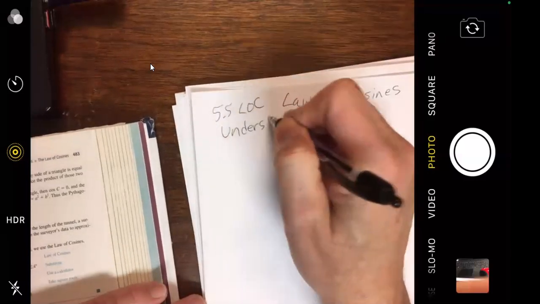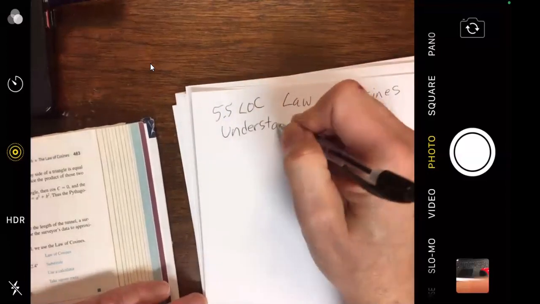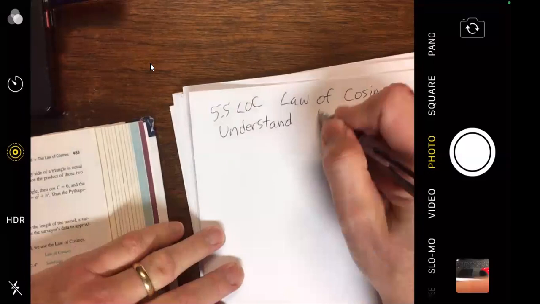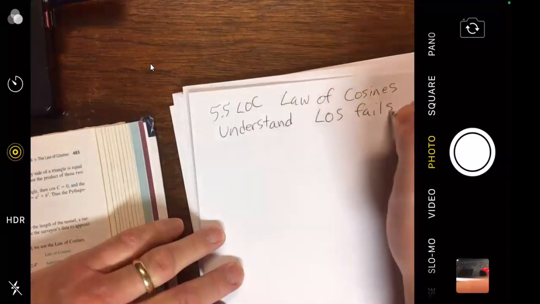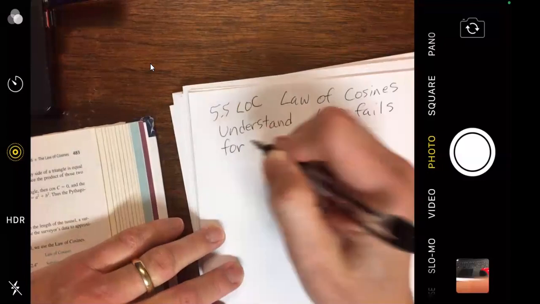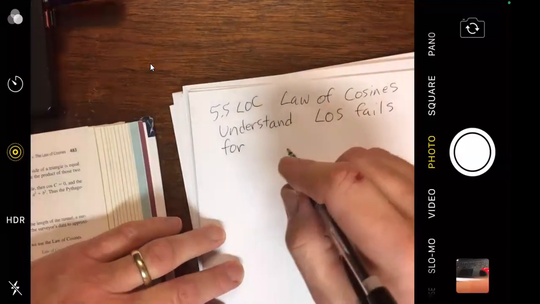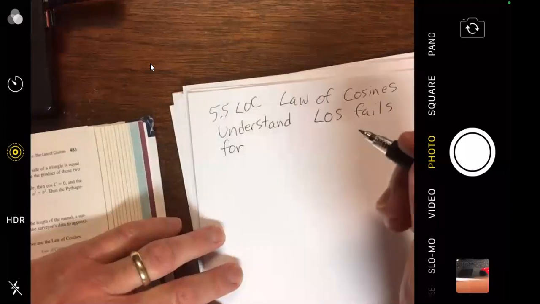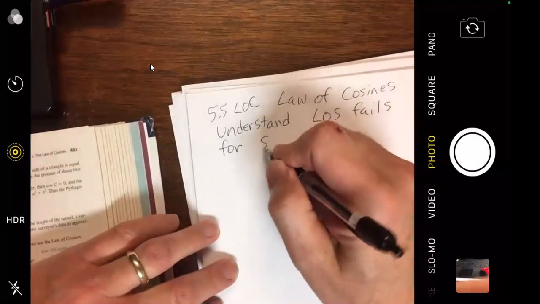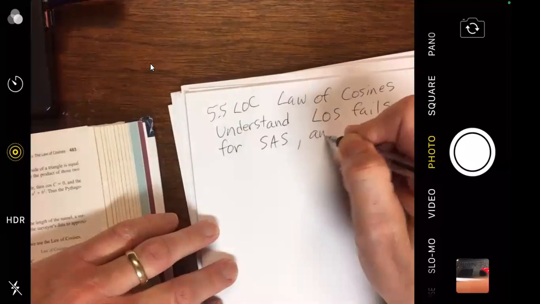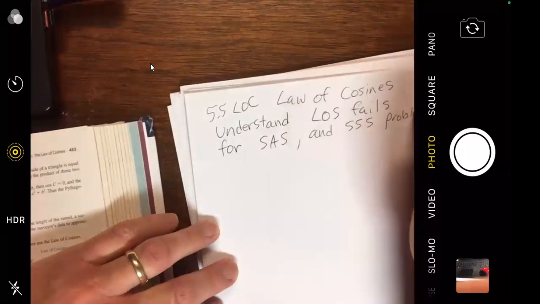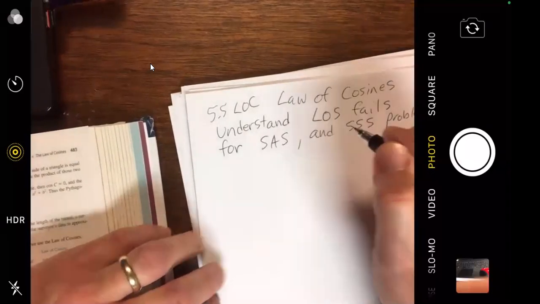And to understand this, you just have to understand that Law of Sines fails for side-angle-side and side-side-side problems.